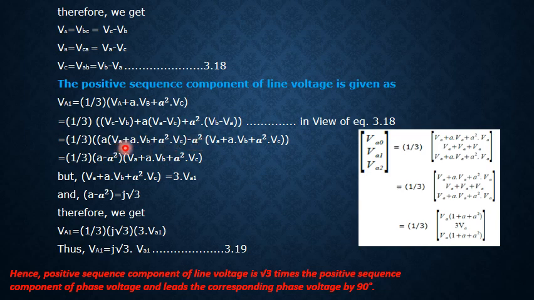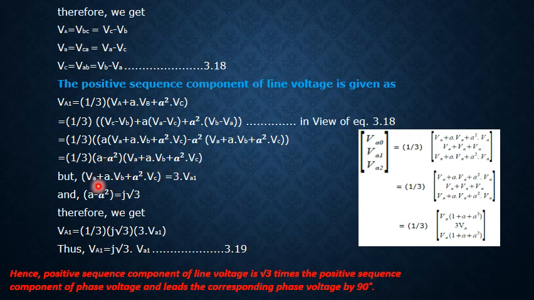If you do further simplification, we get this equation. A minus A square, A minus A square, as both terms have the same coefficient, we take out the common factor A minus A square. So you are going to get this term.